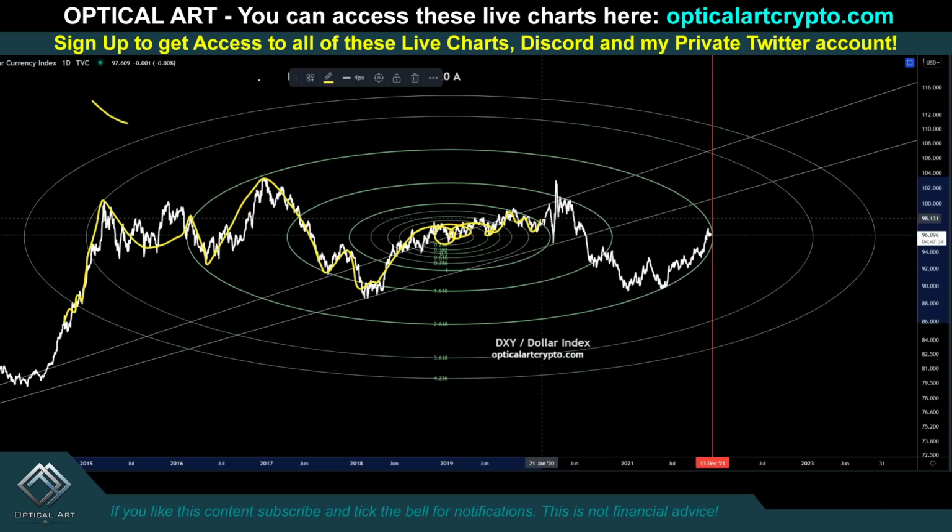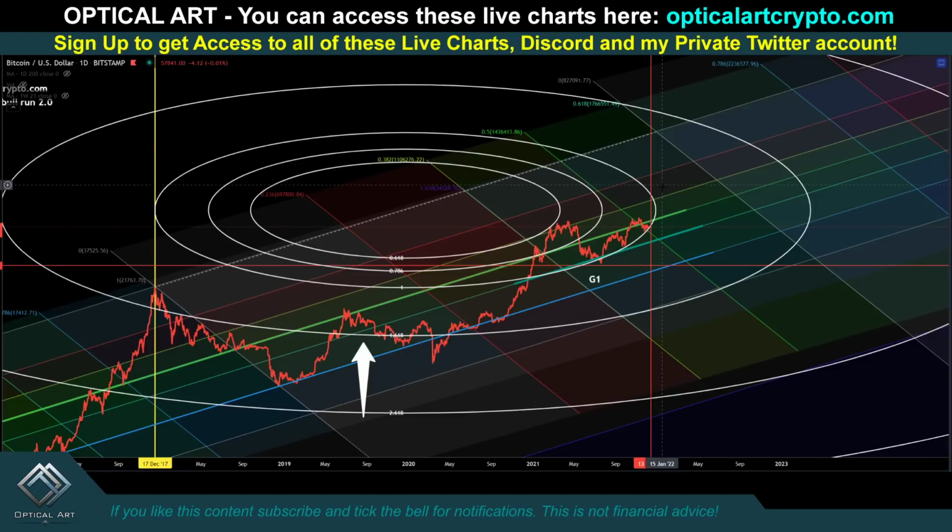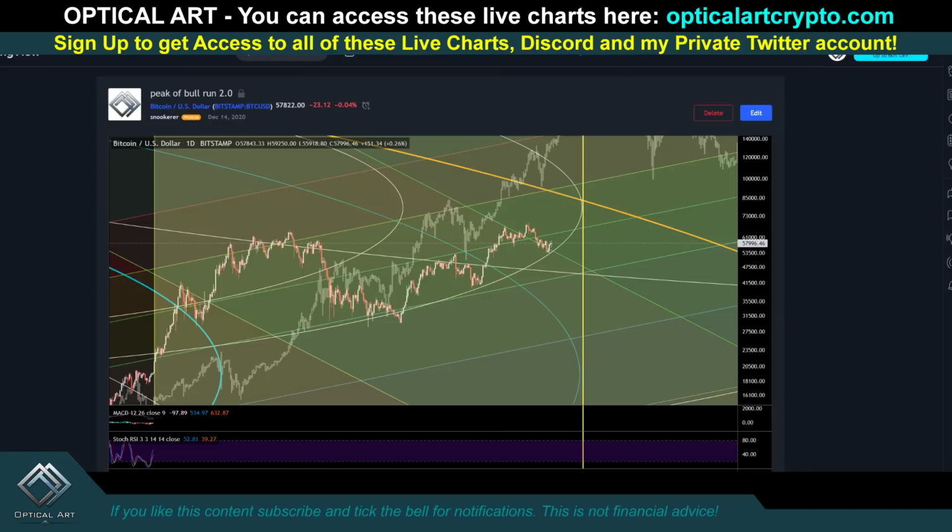And we were expecting these fib channel lines, resistance, resistance, came down to support and resistance, and then we rode right up this green ring, support, almost support, and we're right here at the apex where something's going to happen. That also is right here, December 13th, when we cross this. So something major is going to happen for the DXY. Something major is going to happen for Bitcoin when we cross this point right here, right? So that's for Bitcoin. That's for the DXY.